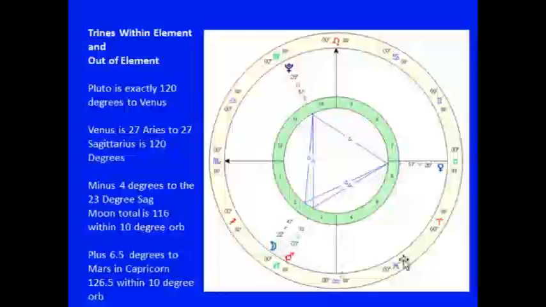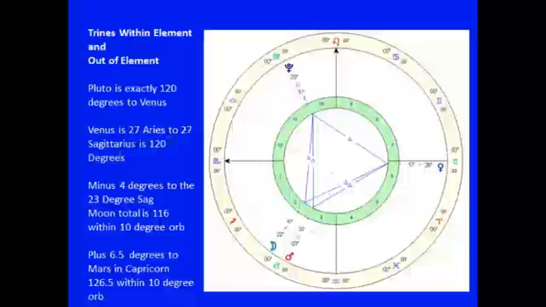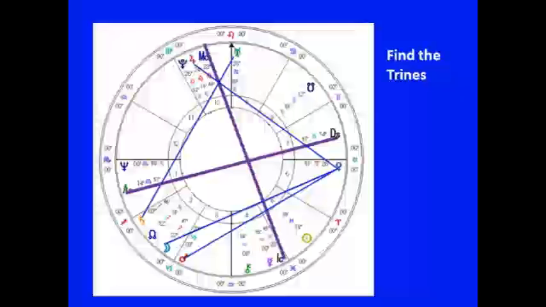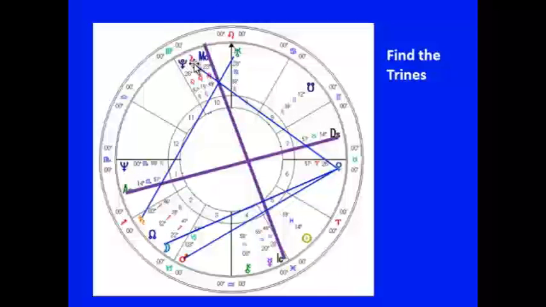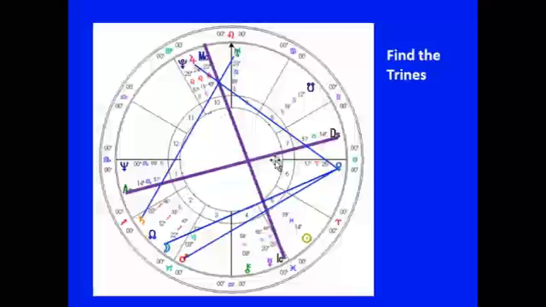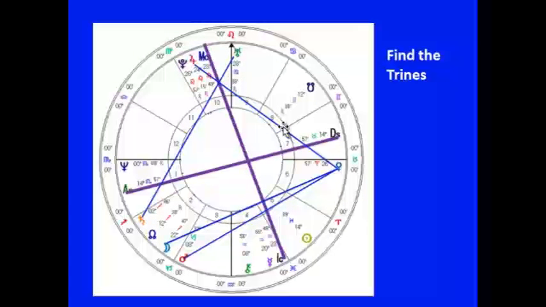So what's interesting about this is it does give some groundedness to having Mars in Capricorn in that grand trine. So there's ways of finding the trines on your chart and drawing them in. You can take, I use blue because I feel like blue represents the trine energy, and it's a little softer, a little less dynamic.